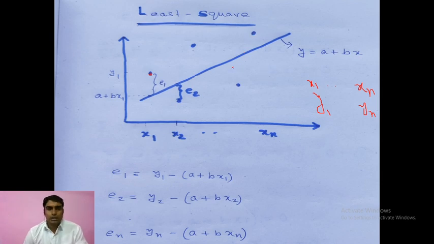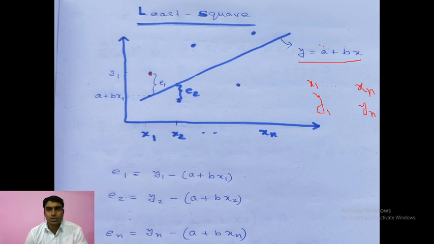Now let's see that we are approximating all these points by a line. This is the line, and with this line we are approximating these defined points. The equation of this line is y equal to a plus bx. We are thinking that this is any line, where a and b are two unknowns, and we have to find a and b so that the straight line approximates these defined points very close.